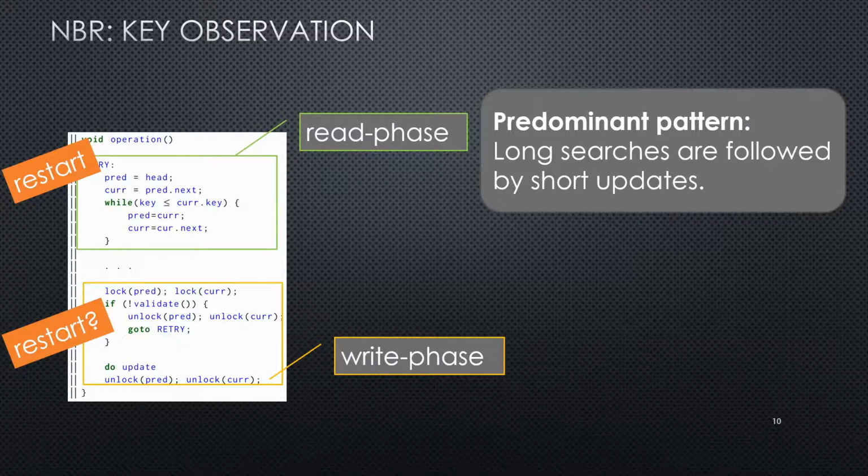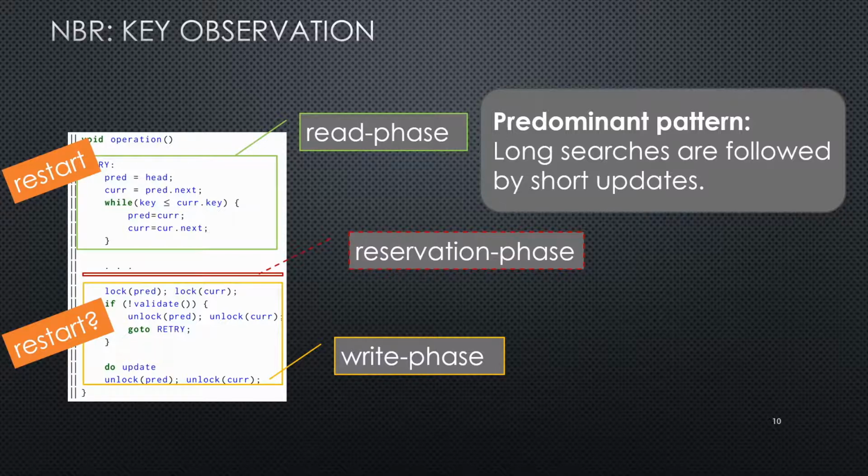This can be thought of as a conceptual reservation phase, where it reserves the records it will require to carry out its updates in the write phase, and it can be sure that any concurrent reclaimer cannot reclaim them because it has already reserved them.